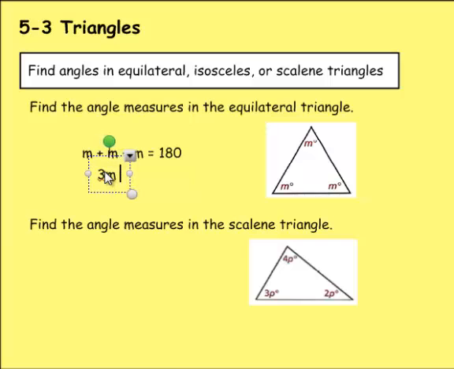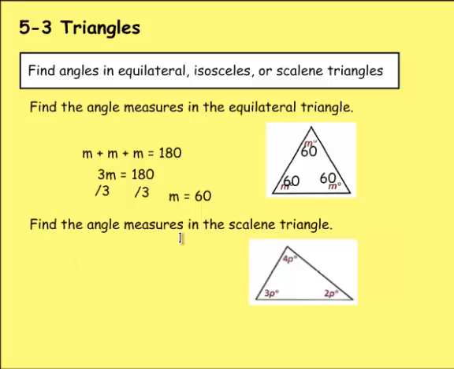We could say 3 times m equals 180 degrees. Now here's this equation that we're familiar with. We could divide both sides by 3. So m would equal 180 divided by 3, which is 60. And sure enough, 60 plus 60 plus 60 equals 180. So all the angle measures in this triangle, since it's equilateral, meaning all the same, are 60.